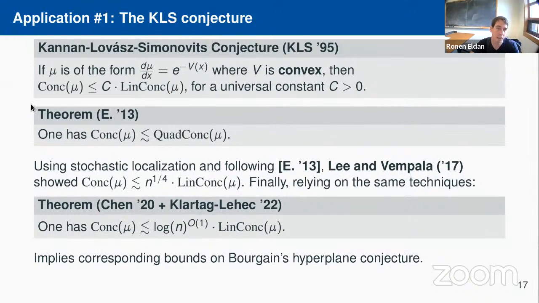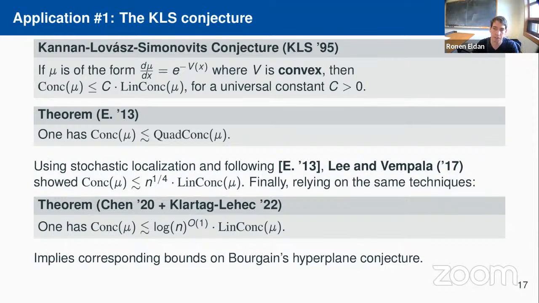So this stochastic localization process was first introduced in this paper, where it was shown that instead of reducing to linear functions, you can actually reduce to a slightly larger family of quadratic functions. So this laid out some tools for the analysis of concentration on log concave measures.